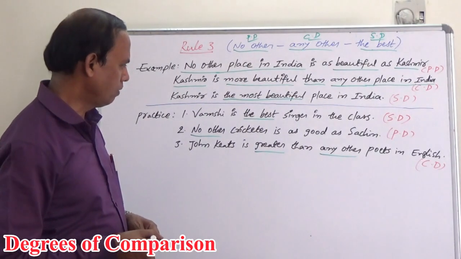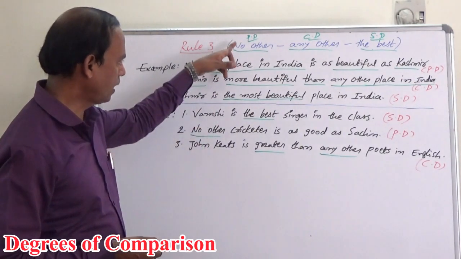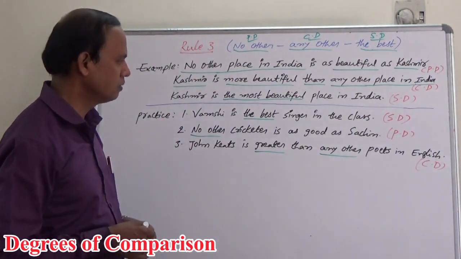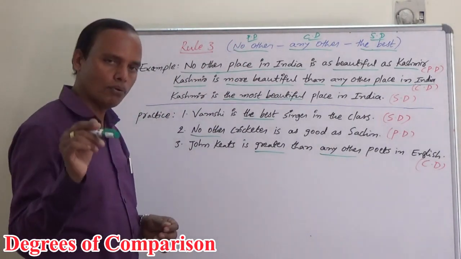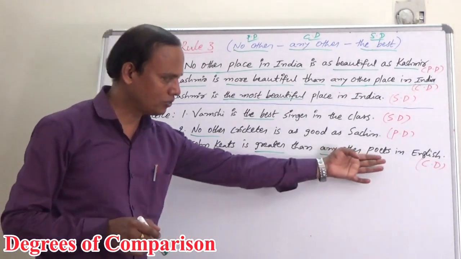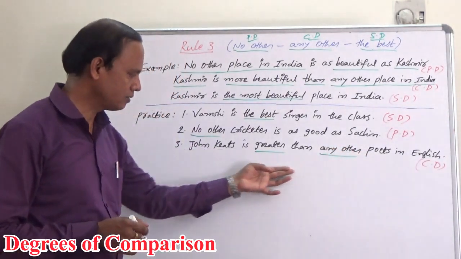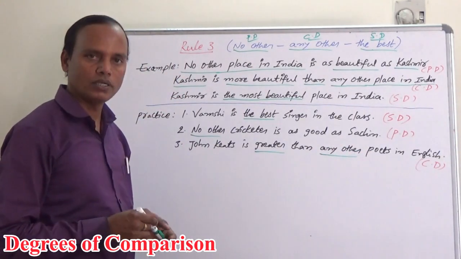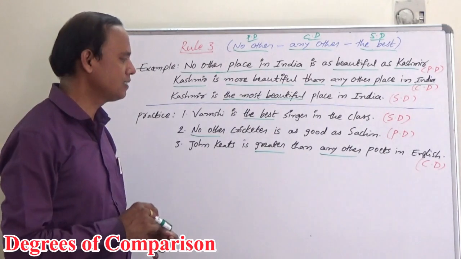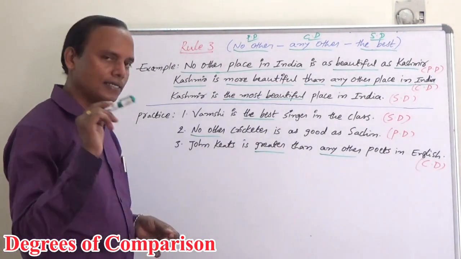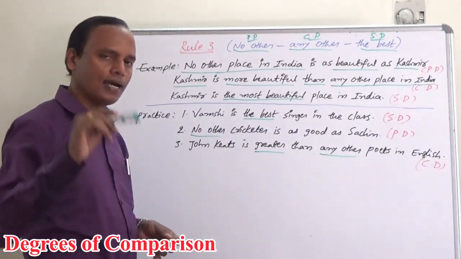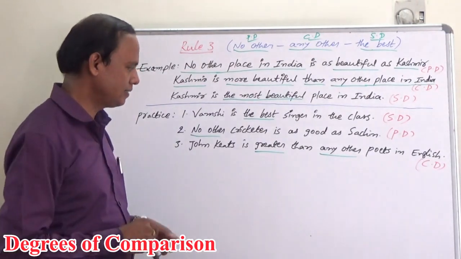And what is the rule? See, I change into positive degree, which starts with no other. No other poet in English. Okay, so any other poets in English comes here. No other poet in English is as great as John Keats.